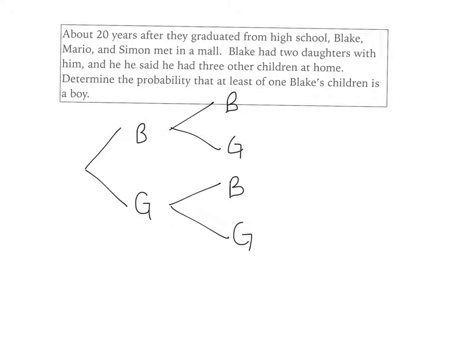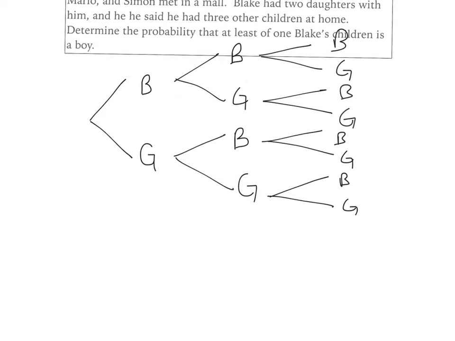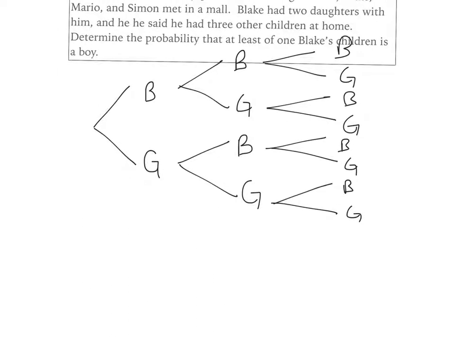From there, we could have a boy or a girl, a boy or a girl, a boy or a girl, or a boy or a girl. And these represent the 8 possible ways that he could have children, in this limited worldview.